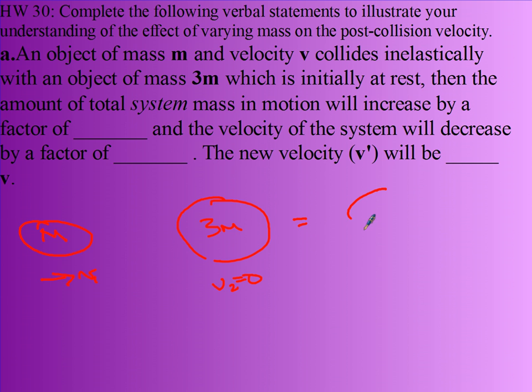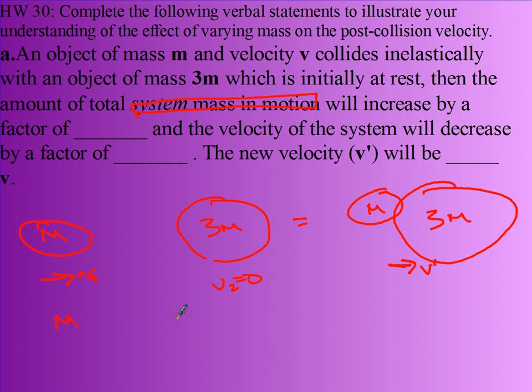This is m and this is 3m, and this whole thing is going to move off with some final velocity. Now, the total system mass in motion: before collision, I have m moving, while after collision, I have 4m moving, which tells me the total system mass in motion is going to increase by a factor of 4.